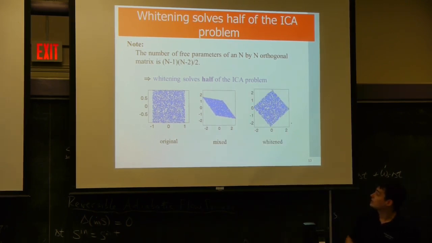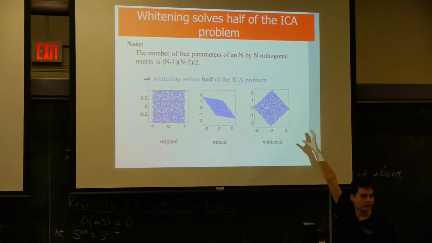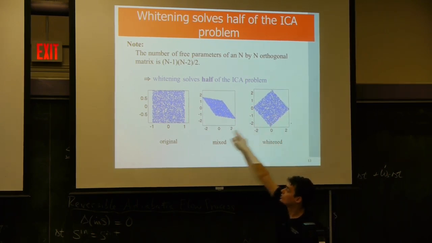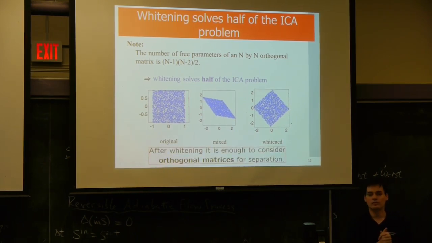And the whitened sources will look like this. So after this, what we need is just to find an orthogonal matrix, a rotation in 2D, with which we would get, again, the original sources. Is it clear so far, everything?